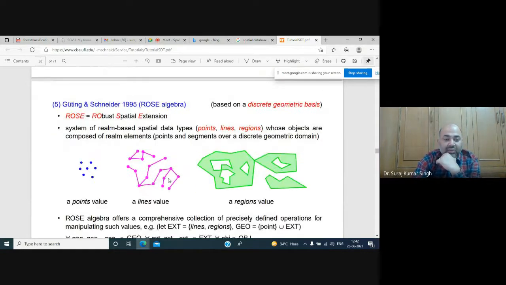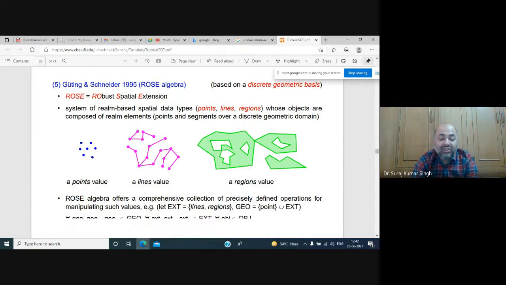To solve this problem, Güting and Schneider in 1995 provided the ROSE algebra, which is based on discrete geometric bases. ROSE is a robust spatial extension. It is a system of frame-based spatial data types, that is point, line, and region, whose objects are composed of realm elements like points and segments of a discrete geometrical domain, that is a point value, a line value, or a region value.